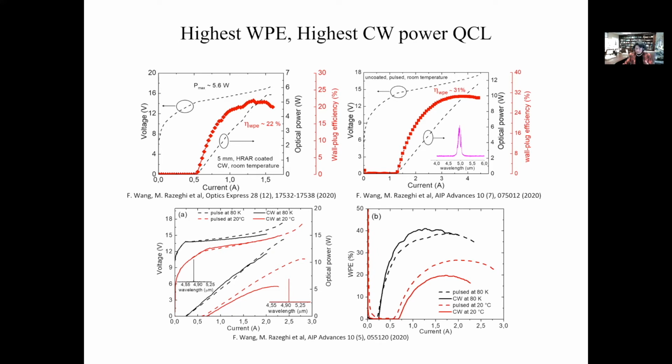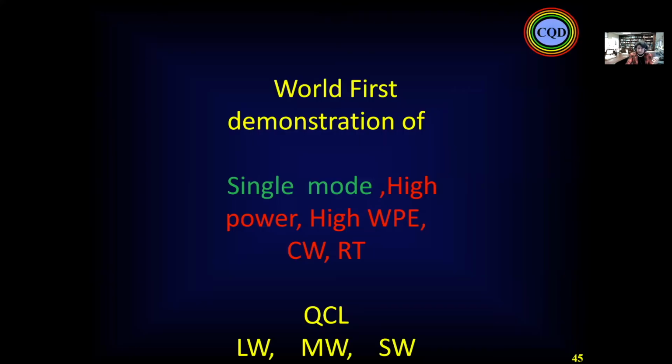I have to tell you that from the 5 millimeter cavity length, 12 watts in continuous wave is coming out with a wall plug efficiency of 41%, of course at liquid nitrogen temperature, but 12 watts coming out from the facet is an unbelievable result. It means that it's a product to use in industry.